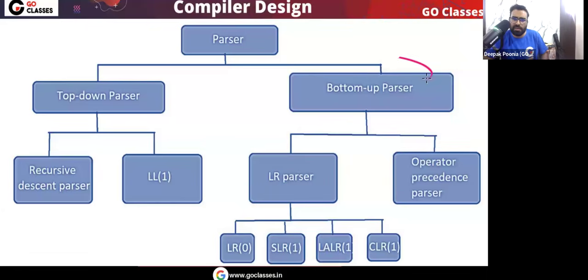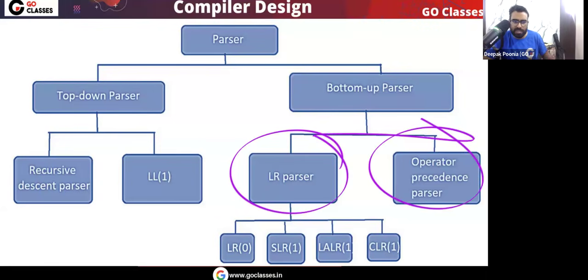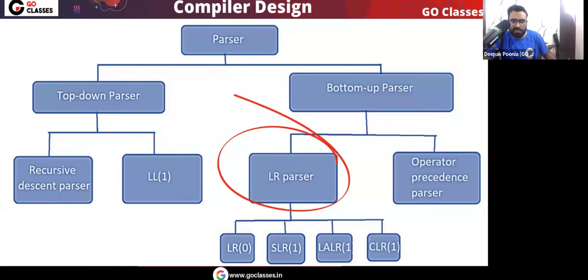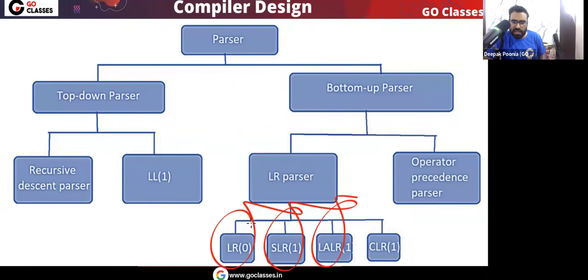There are two types of bottom-up parser: LR parser and operator precedence parser. In the LR parser we have four types: LR0, SLR1, LALR1, CLR1. Basically, these are the types of parsers.